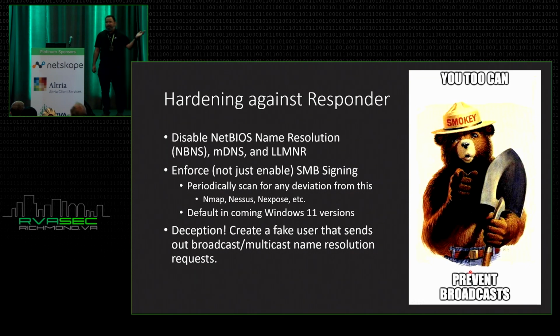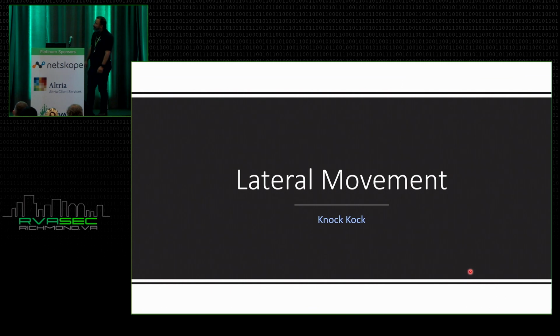You simply create a scheduled task in Windows, have it ping a host that doesn't exist, using a user that is low privileged, and you have good deception there. Whoever responds to that broadcast multicast request is a liar. They are the threat actor in your network. So you just caught them.